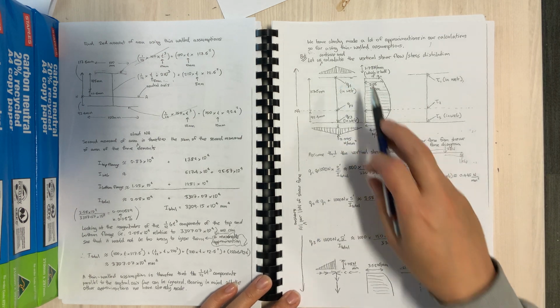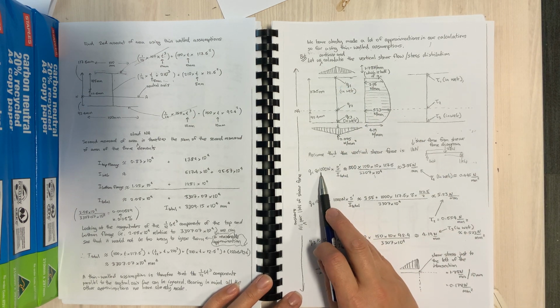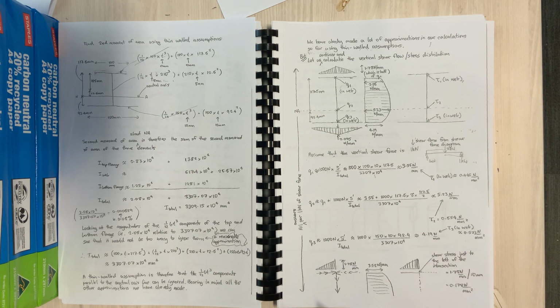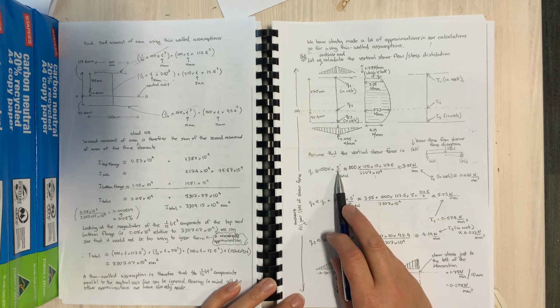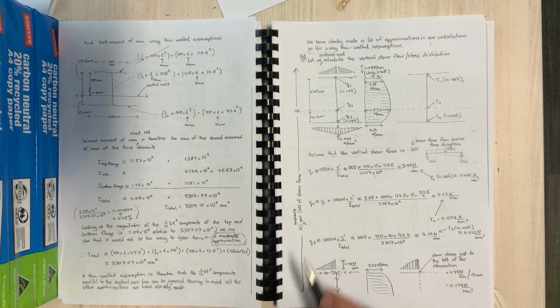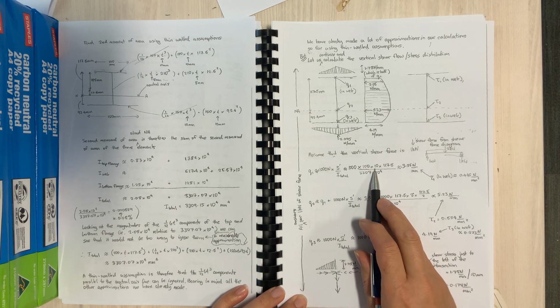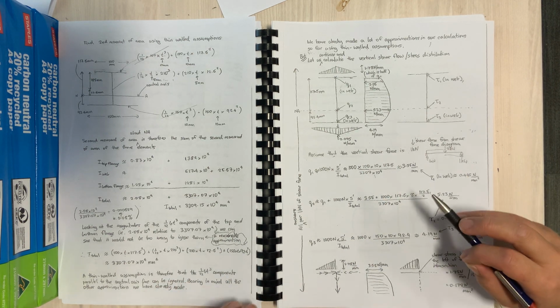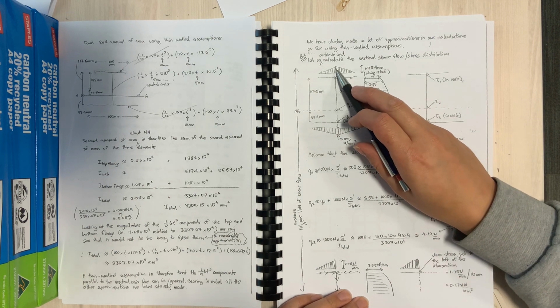Q1 is 1,000 newtons, and you would need to multiply that by S dash divided by I total. So that's done here. So we're taking out this portion here.